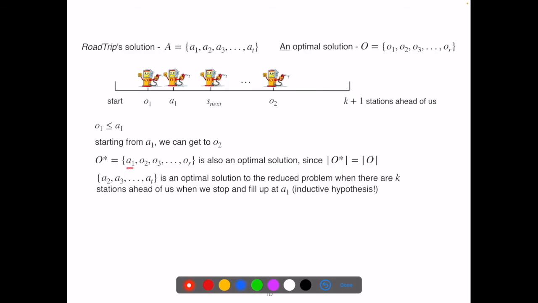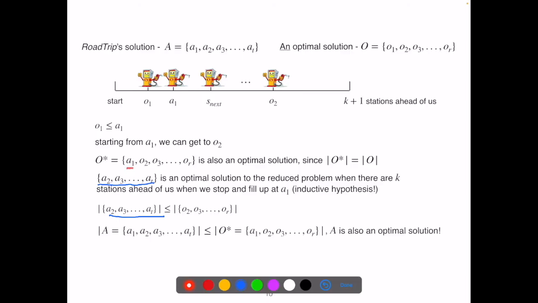Can we combine A1 and A2, A3 and show it is an optimal solution to the original problem? We know both A2, A3, to AT, and also O2, O3, to OR, are solutions to the reduced problem after we stop at A1. We also know that the cardinality of A2, A3, to AT is no greater than that of O2, O3, to OR, since we know A2, A3, to AT is an optimal solution when there are k stations ahead.